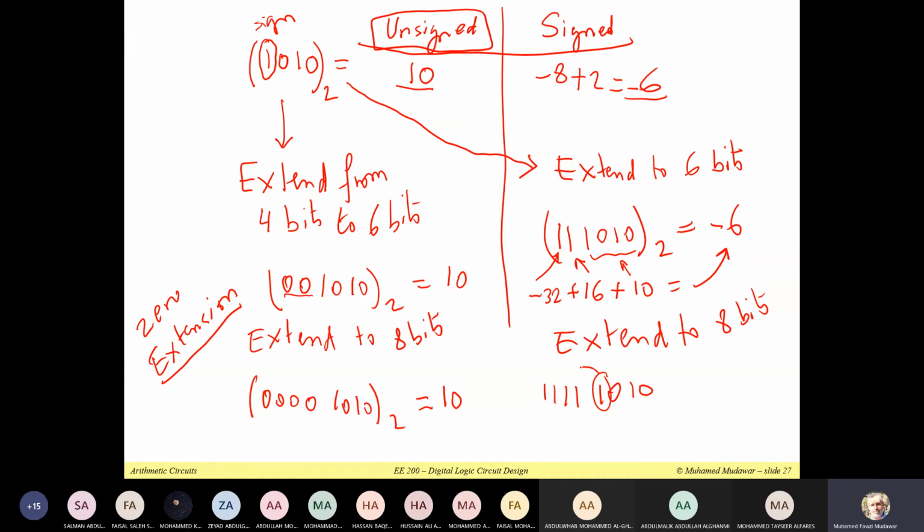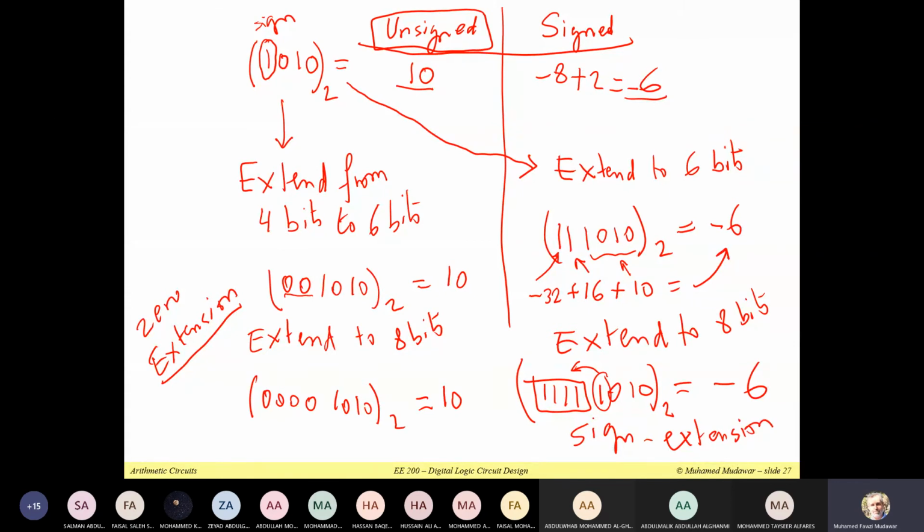So the sign bit is replicated here 4 times. What is the value of this number converted from binary to decimal if it were signed? -6. It has not changed. So this is called sign extension.